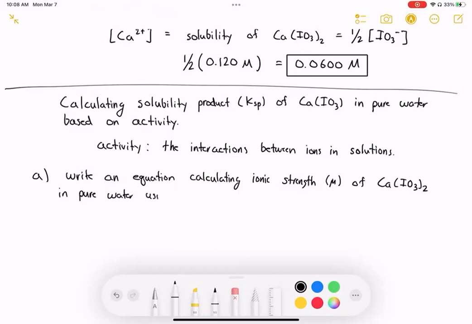Using the concentration, so the concentration in our equation will be Ci, and charge, which is Zi, capital Z for the nuclear charge, of each ion.